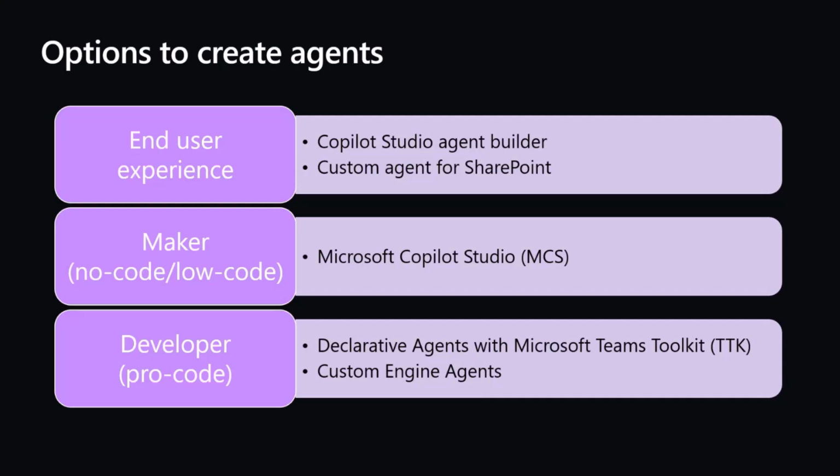And if we wear the hat of a developer, so we want to go for the pro code story, we can create the so-called declarative agents with the Teams toolkit, or we can create the custom engine agents, which allows us to have a full control on all of the architecture of the agents.